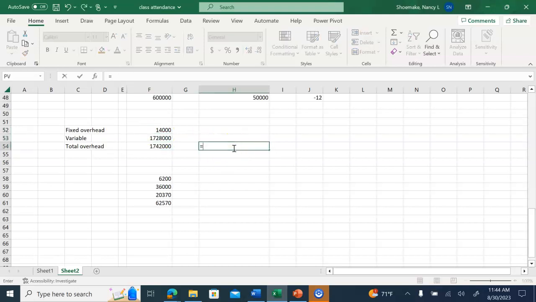And then I take this divided by 18,000. Should it be $96.78? Doing something wrong here.